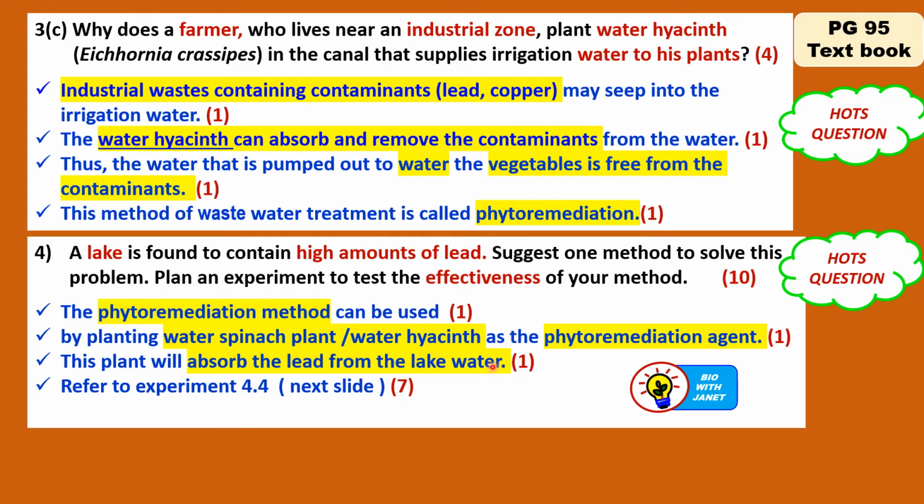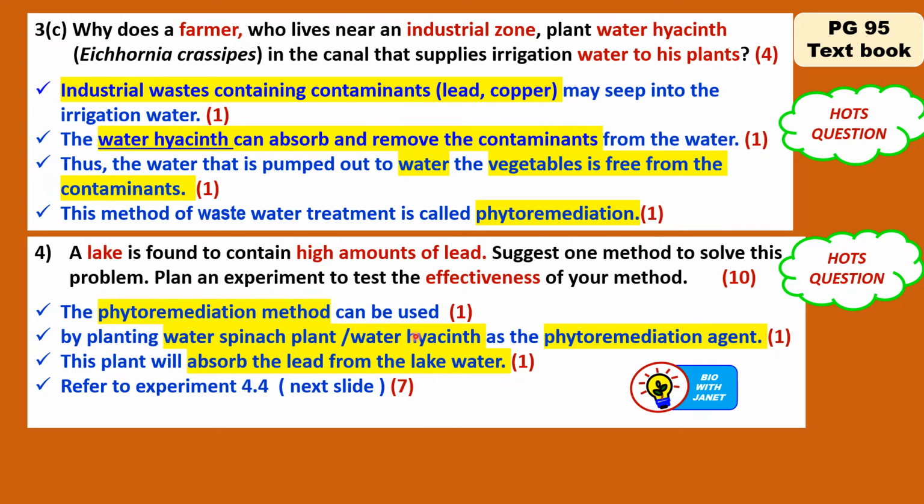Now this plant will absorb the lead from the lake water, and thus it will reduce the amount of lead in the water. Then for the experiment to test the effectiveness of your method, which is phytoremediation, we can refer to experiment 4.4, which I will discuss in the next slide.